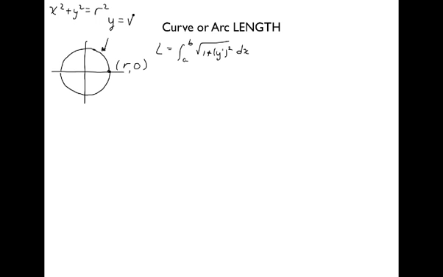The square root of r squared minus x squared. And is that the circle? That's not a point, that's the y. Is this the equation of the circle? Y equals the square root of r squared minus x squared.